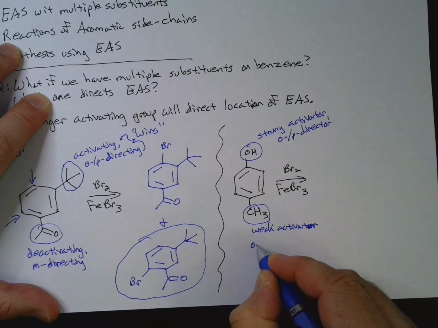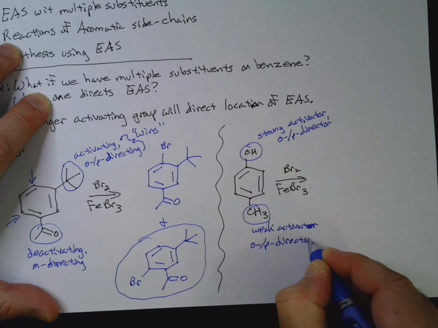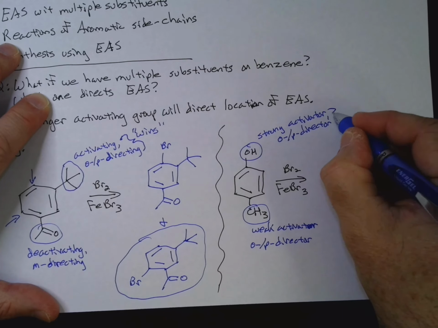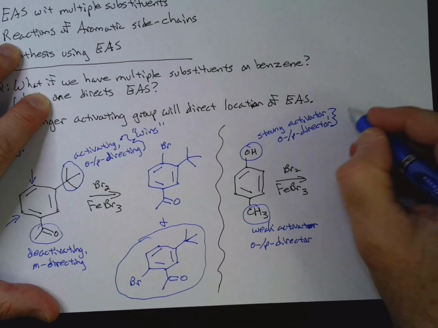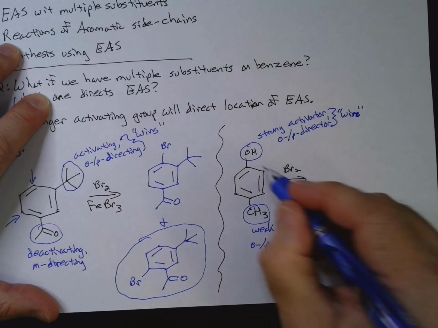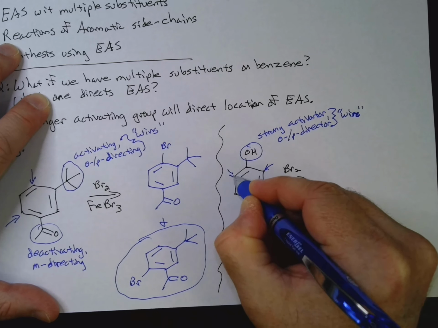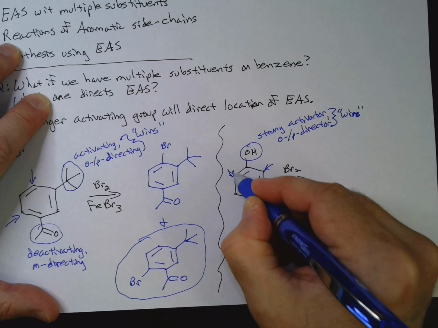Sorry. And it's, again, an ortho-para director. So in this case, this guy, the stronger activator, is going to win out. So that's going to determine where our substitution will occur. And it will occur at either ortho or para.